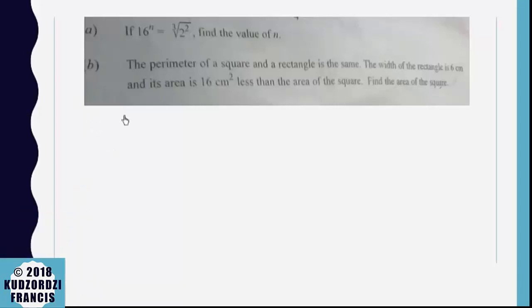So let me draw the square here. So this is my square, and this is my rectangle.